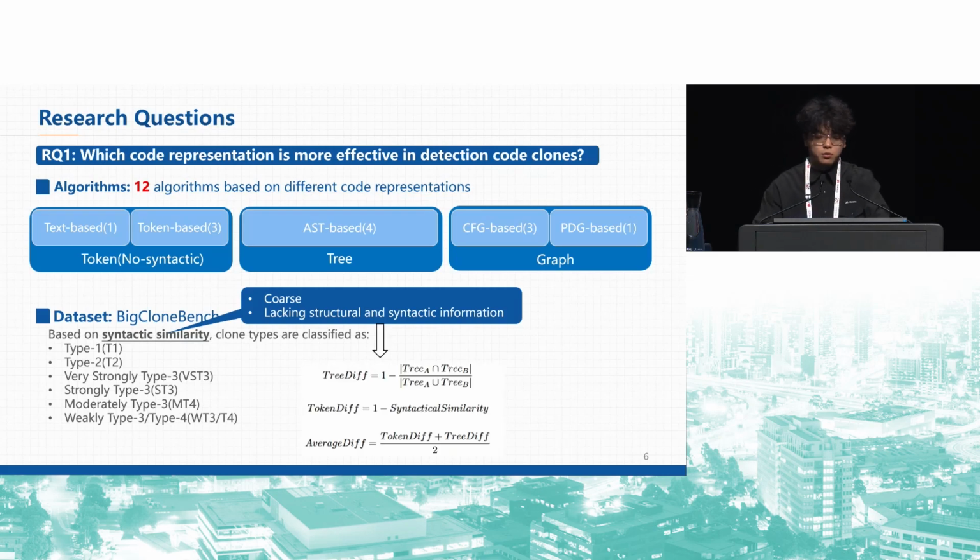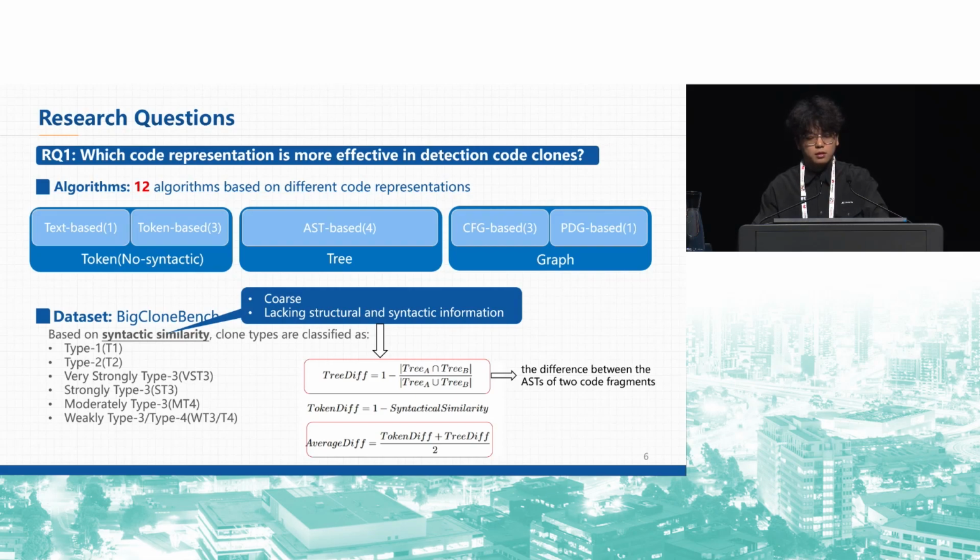Therefore, we propose TreeDiff to describe the difference between the ASTs of 2 code fragments, and then, combining the syntactic similarity of BigCloneBench, we can get a finer-grained classification that considers lexical information and syntactic information.